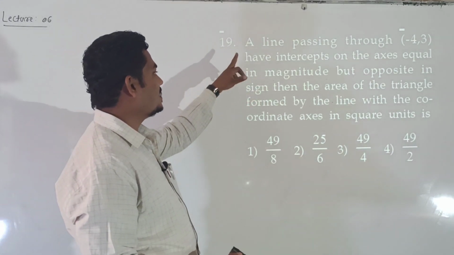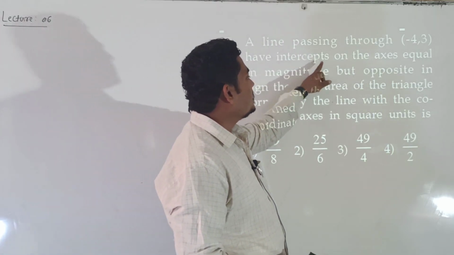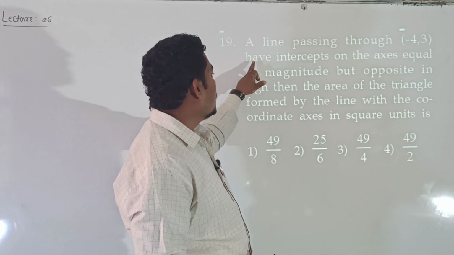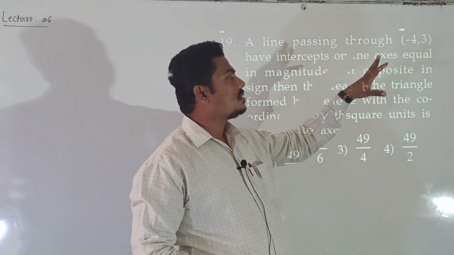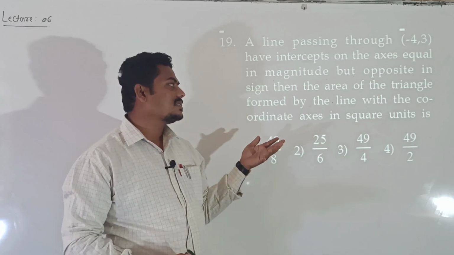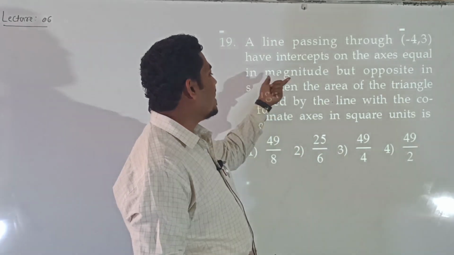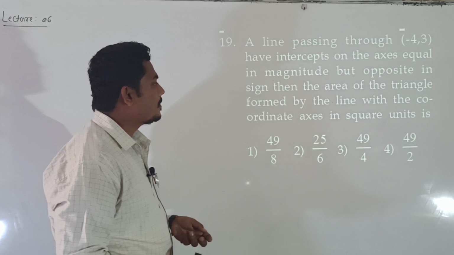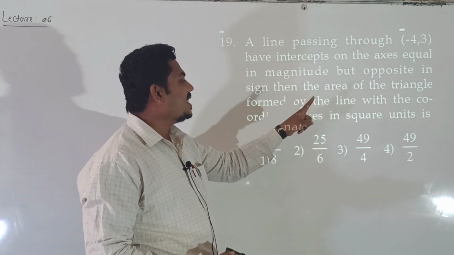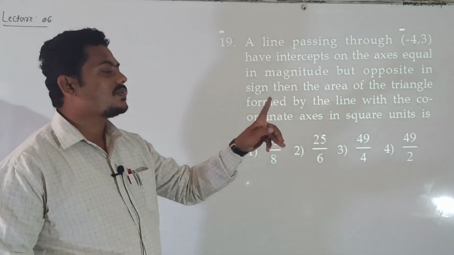Once again I will read the question. A line passing through (-4, 3) has intercepts on the coordinate axes such that they are equal in magnitude but opposite in sign. Then find the area of the triangle formed by that line with the coordinate axes in square units.